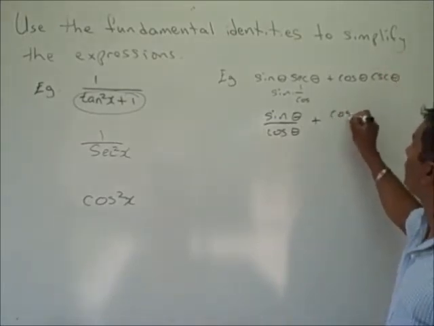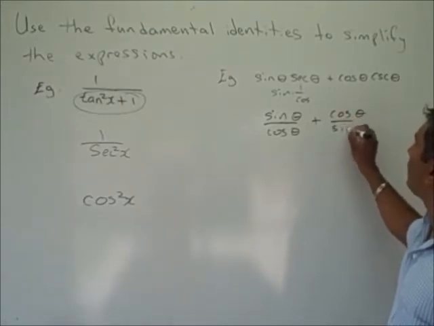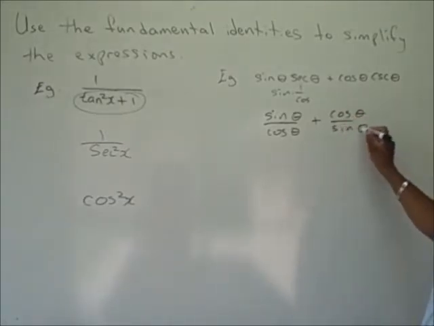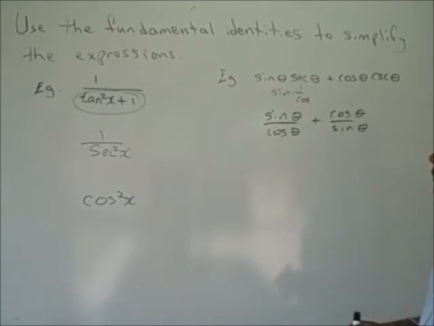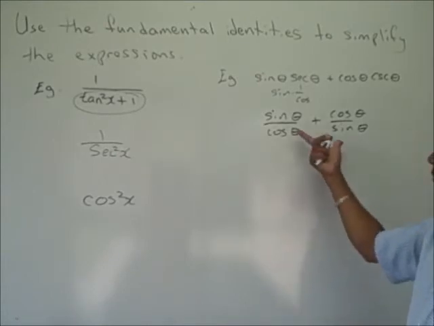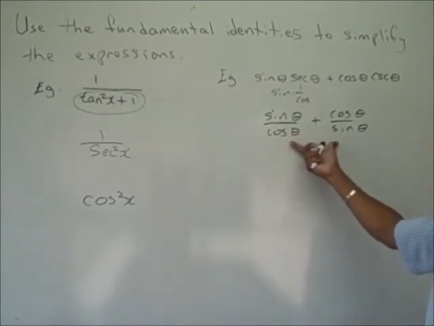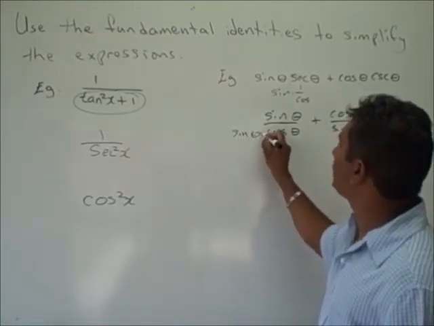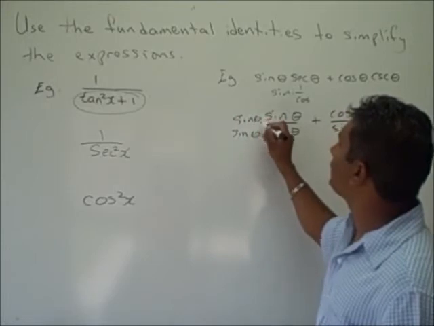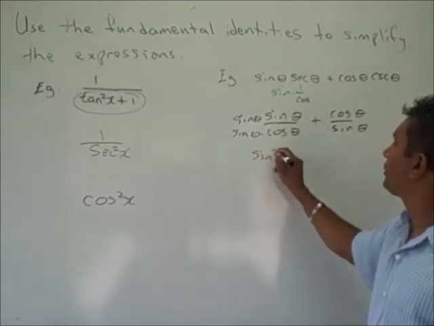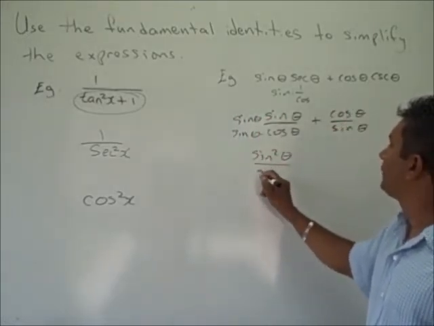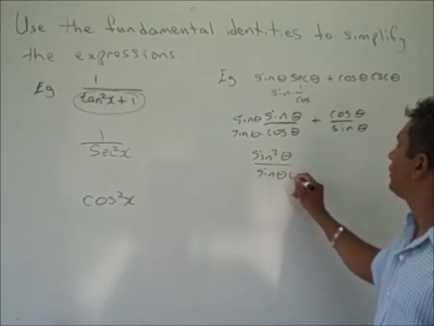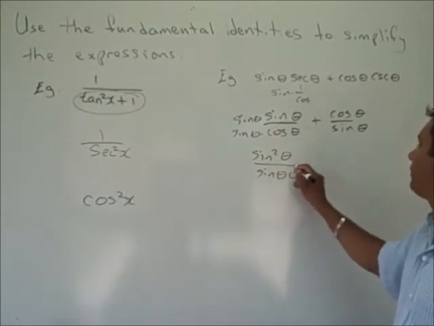So this becomes cosine theta over sine theta. Now because we're adding these two fractions, we need a lowest common denominator, which would be the product of these two, which is sine theta cosine theta. So if we multiply the top of this one by sine theta, we get sine squared theta over sine theta cosine theta.